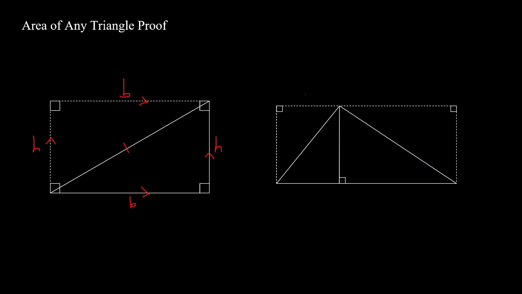So I'm going to call this triangle A and this triangle B. So the area of the entire rectangle is going to be equal to 2A plus 2B.